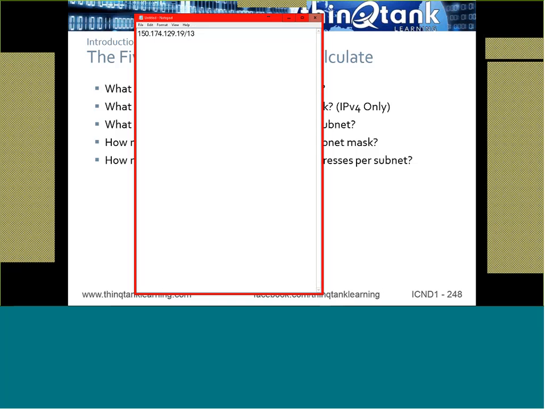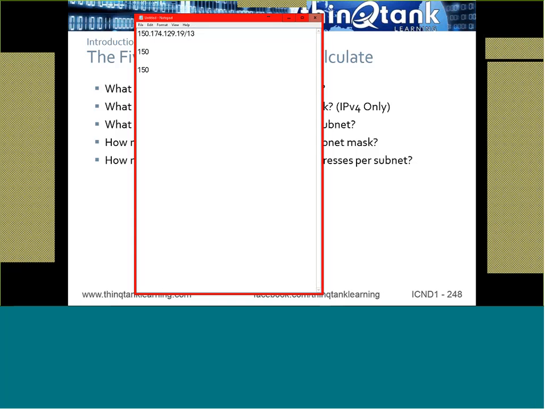First of all, I know that the network ID and broadcast ID start with 150. That's simple enough. There's no real math that you have to use with that. But I know from a /13 that my networks are a certain size. I know that they fall within certain block ranges, right? Which means in this case, they're blocks of 8.